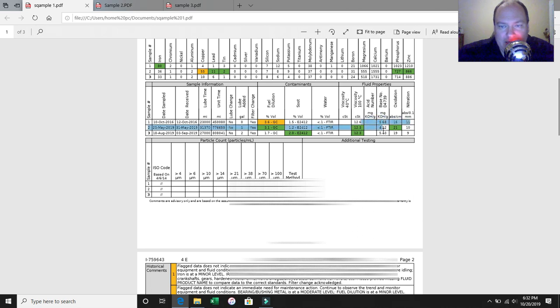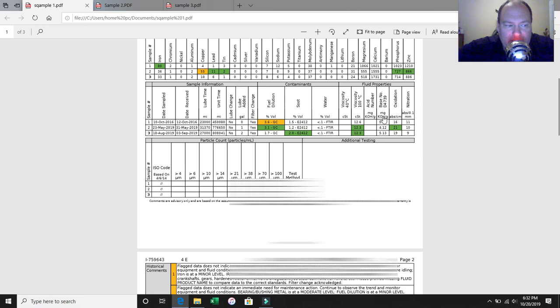This is all synthetic oil here. Base number is a volume of potassium hydroxide, measured in, I don't know if it's milligrams or milliliters, that it takes to neutralize a certain amount of acid.